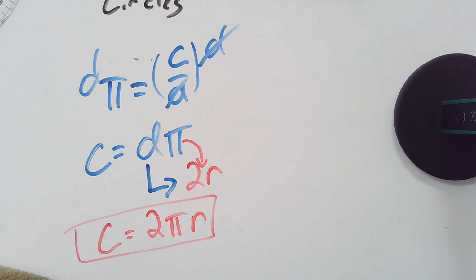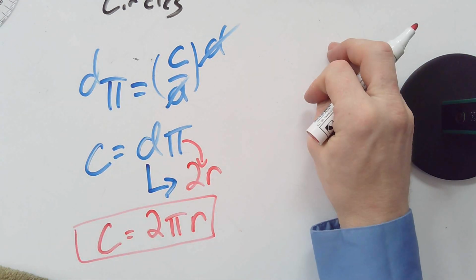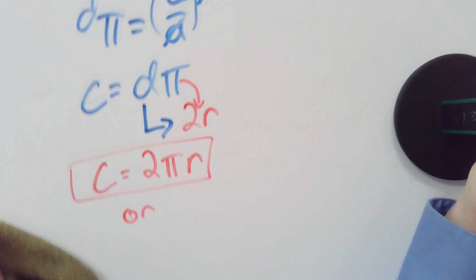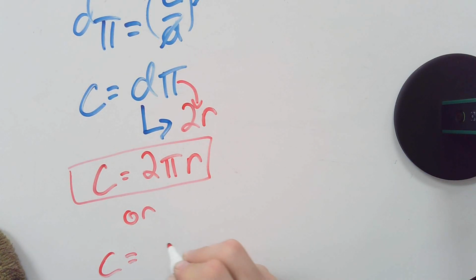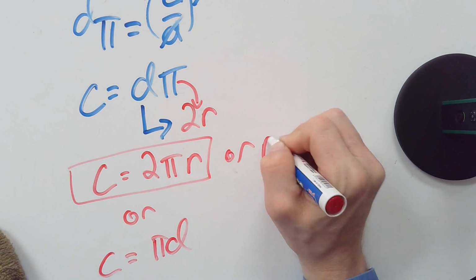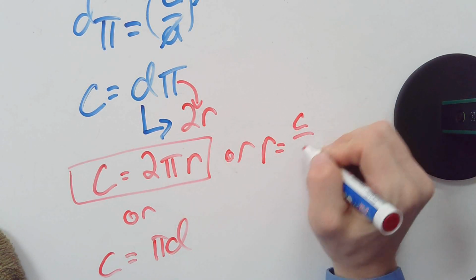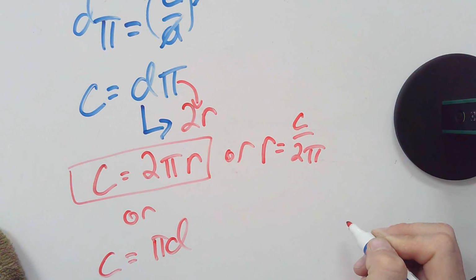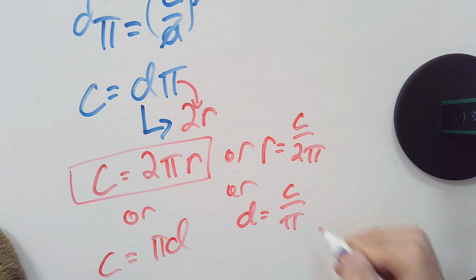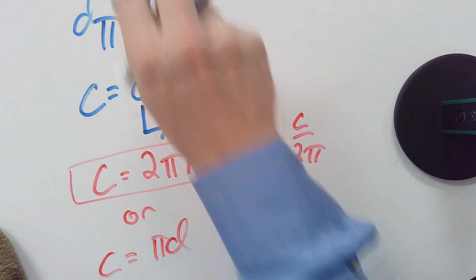That is the derivation of that equation. Circumference equals 2 pi r, or the circumference equals pi times the diameter, or radius equals circumference divided by 2 pi, or the diameter equals the circumference divided by pi. So that's all the different rearrangements of that equation. Okay, next we're going to get into the protractor.